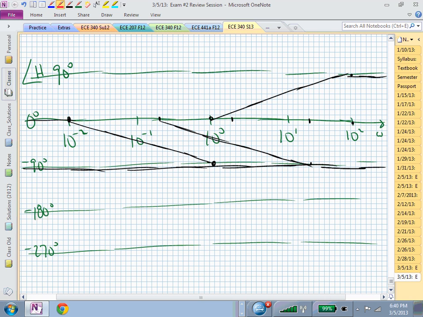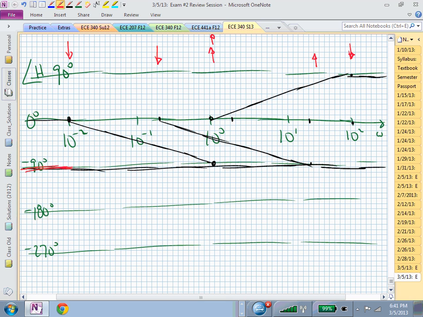We start here, don't we? Then what I like to do is give myself some indicators. I'm going to go down in slope there, but I'm going to turn it off there. I'm going to go down in slope there, but I'm going to turn it off here. I'm going to go up in slope there and turn it off there. Is that clear?